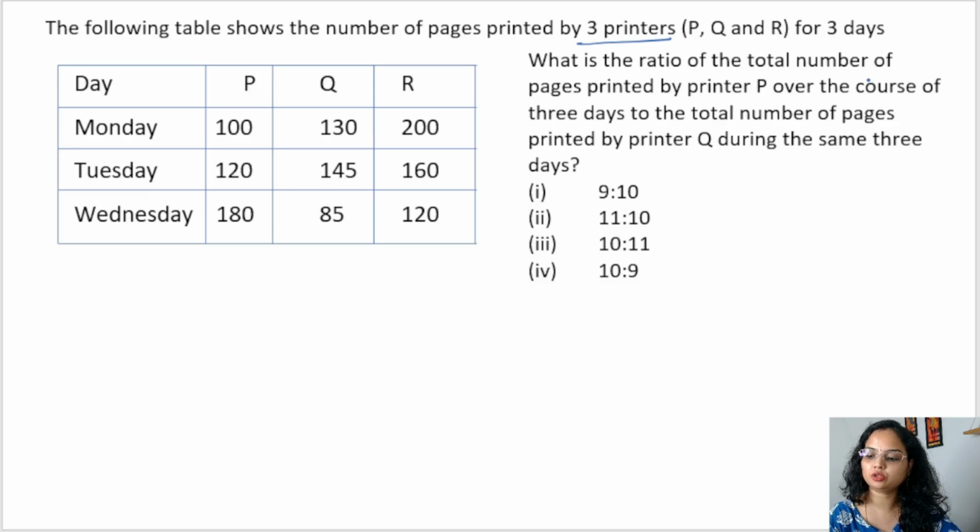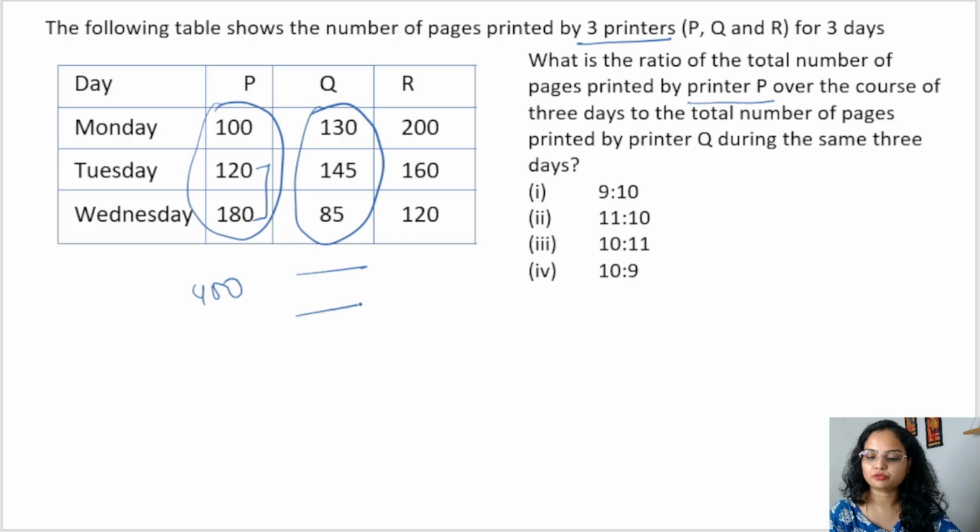Okay, what is the ratio of the total number of pages printed by printer P over the course of 3 days to this? Okay, we have to sum this all. It is 120 plus 180, it is 300 plus 100, it is 400. And total number of pages printed by printer Q during the same 3 days. What is the sum here?